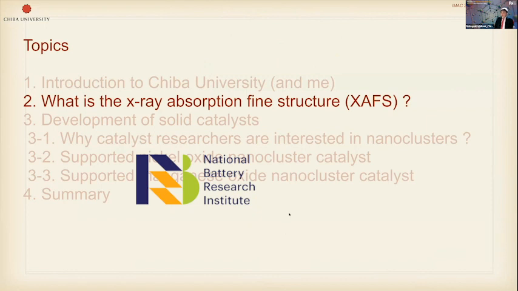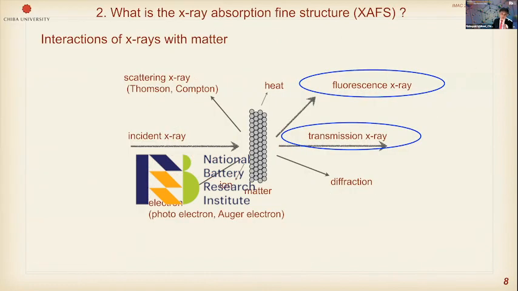So, back to the scientific topics. Okay, what is X-ray absorption fine structure? For X-ray absorption, we need to know about X-rays. X-rays, of course, interact with matter. Once X-rays are injected into some materials, many phenomena occur.